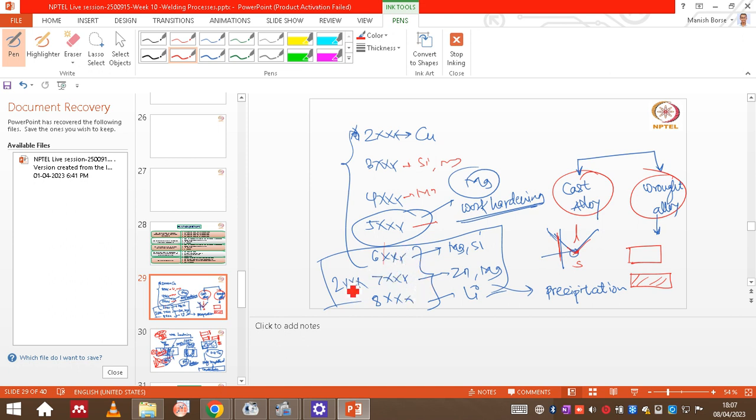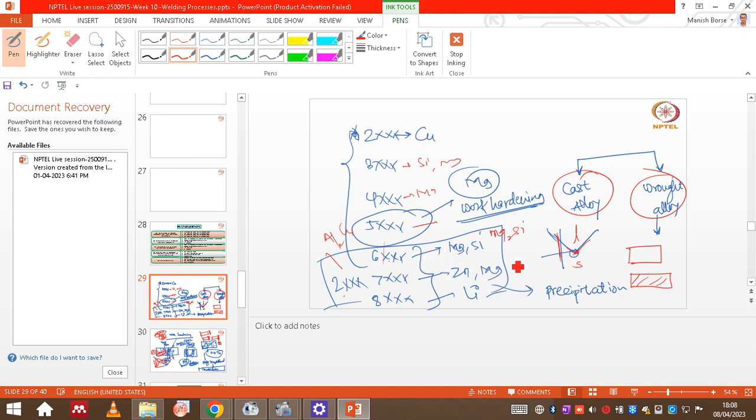So in these 2 series, 6 series, 7 series and 8 series wrought alloys, the main strengthening factor is precipitation, right? In the 6 series the strengthening precipitate is Mg2Si, in the 2 series it is Al2Cu, an intermediate form, right?